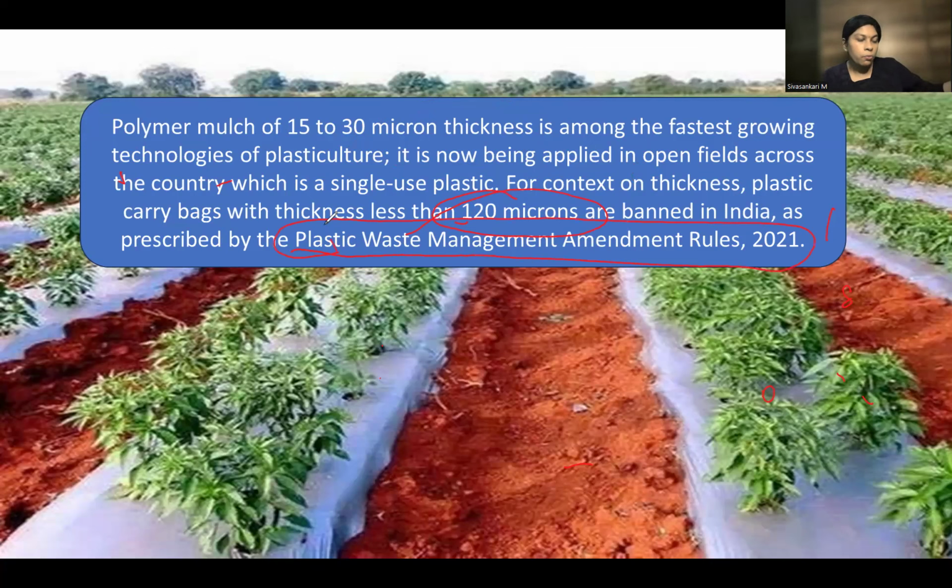But the mulching films, as I have shown you in the figure, are only around 15 to 30 micron thickness. Imagine, it's a single-use plastic and already banned, but still it is increasing. The demand is increasing because it reduces the production cost for a farmer.